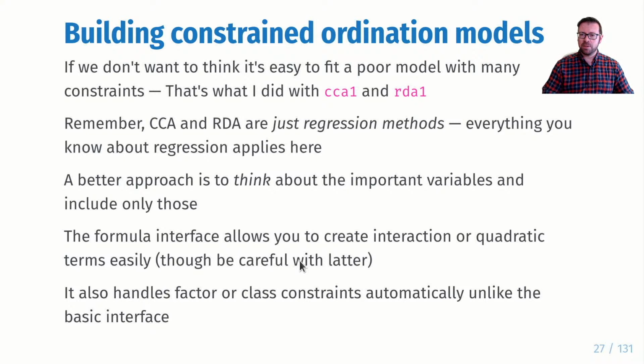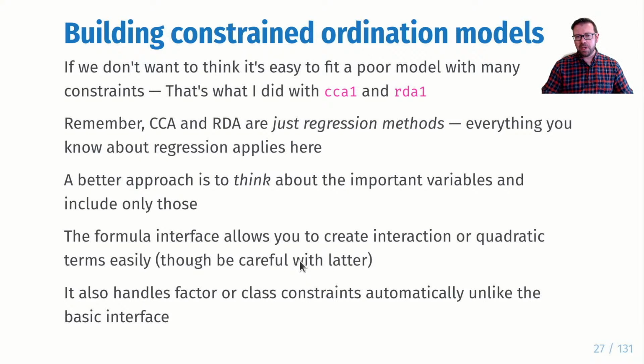And it's important to remember that CCA and RDA are really just regression models, and even distance-based redundancy analysis and constrained analysis of principal coordinates, capscale, are really just regression methods at their basis. With distance-based redundancy analysis and capscale, we're turning everything into dissimilarities first, but there's still a regression model underlying them.